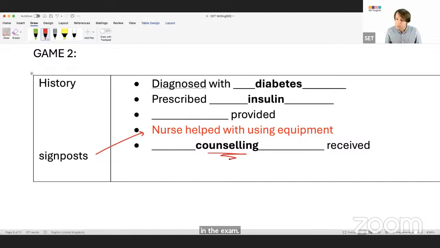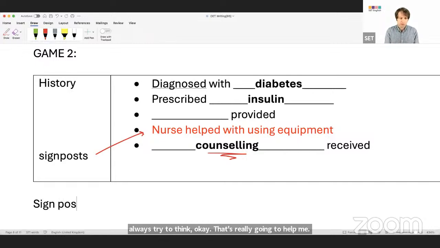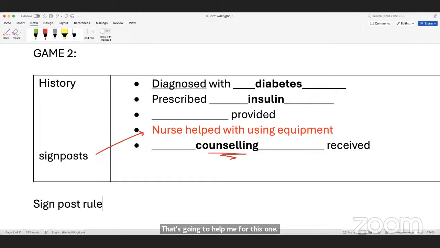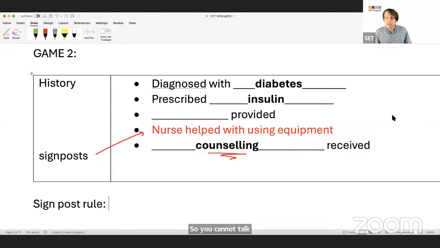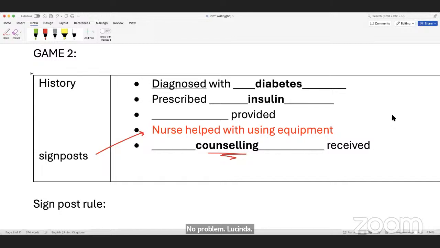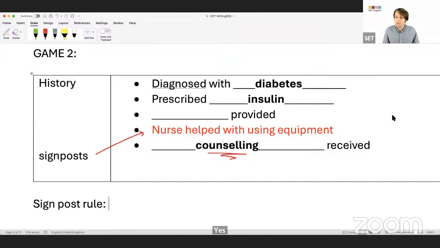Okay, it's a very simple point, but there's a rule that not everyone realizes. Michelle, could you tell me what the signpost rule is? No problem. Lucinda? What's the rule?